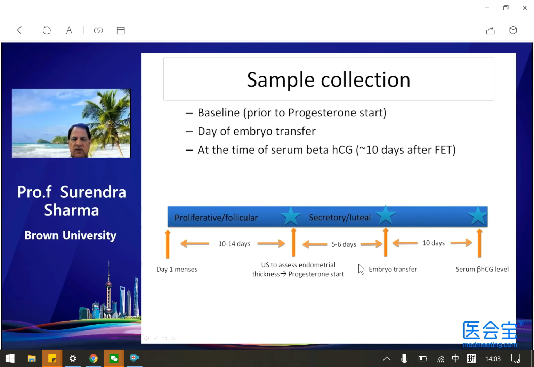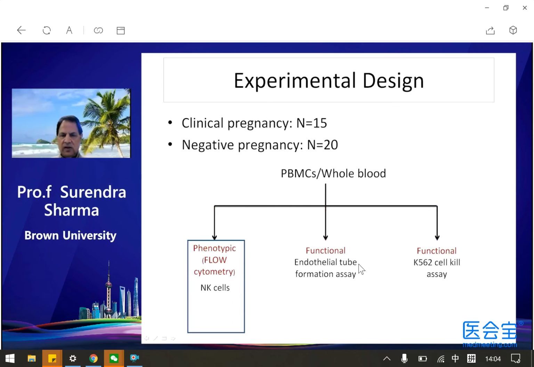So this is the follicular phase, then the progesterone stage, the secretory phase, and then the time of serum beta HCG collection. I'll take you through the data that we have collected. We had a sample size of N15 from clinical pregnancy, and 20 patients with negative pregnancy.